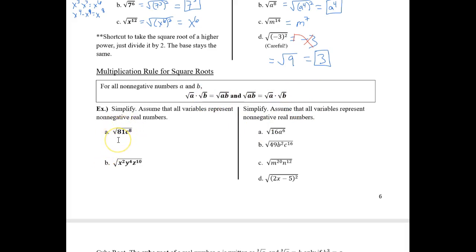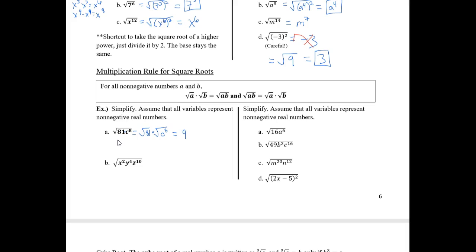So when I look at the square root of 81c to the 8th, I could actually rewrite this as the square root of 81 times the square root of c to the 8th. Right? I can break it up. This is multiplication here. It's still multiplication when I break it up. And then take the square root of them separately. So square root of 81 is 9, because 9 times 9 would give me 81.